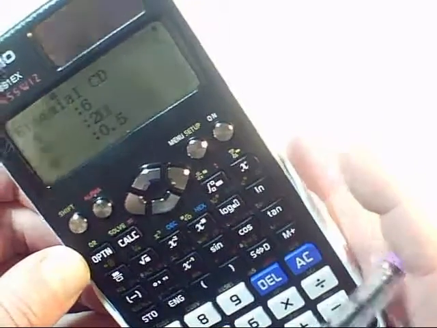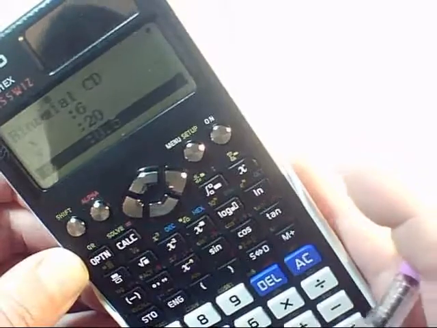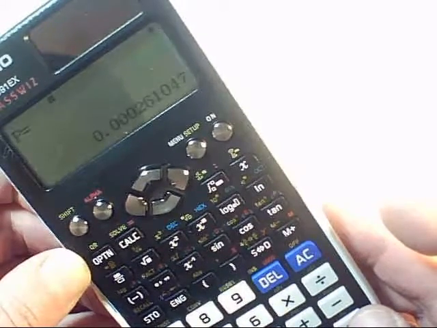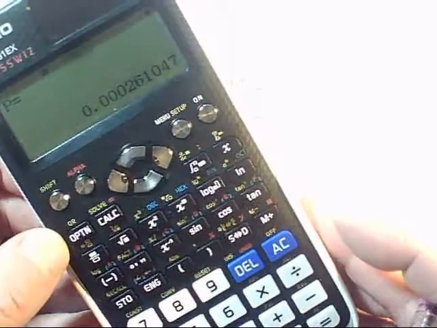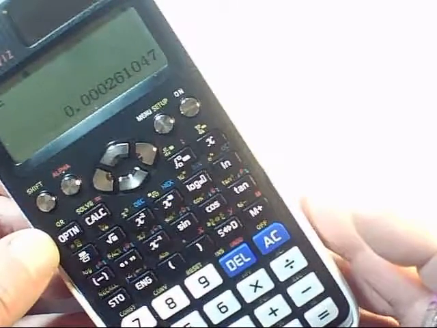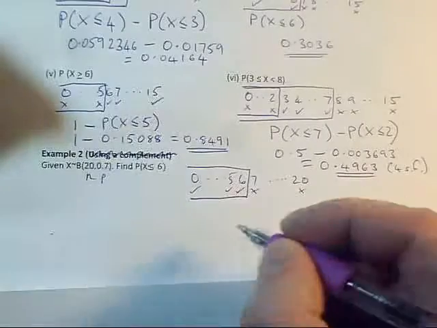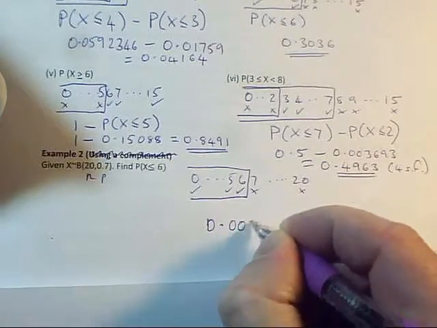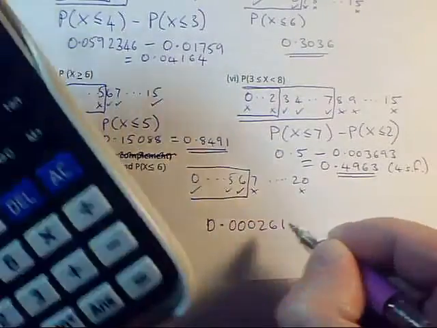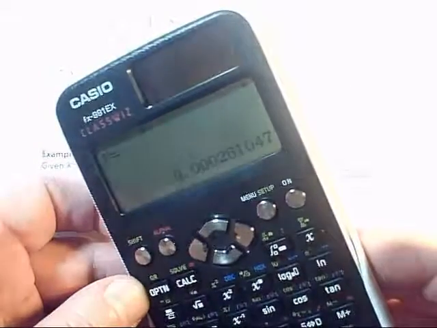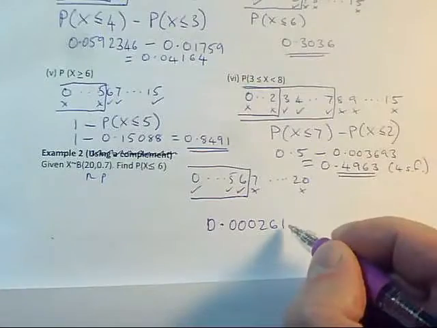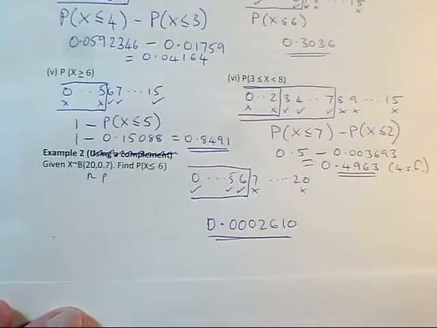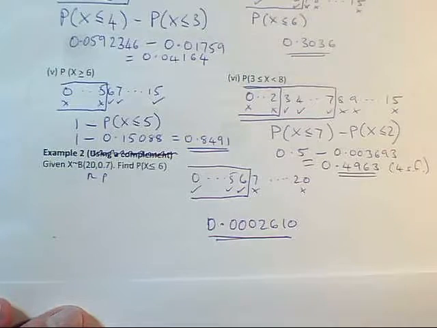Okay, and I get my probability, which is this small one here, 0.000261. Have I got the right number of zeros in there? Yes, I have. The next digit is actually a 0. So that's my correct 4 significant digits probability for this one.